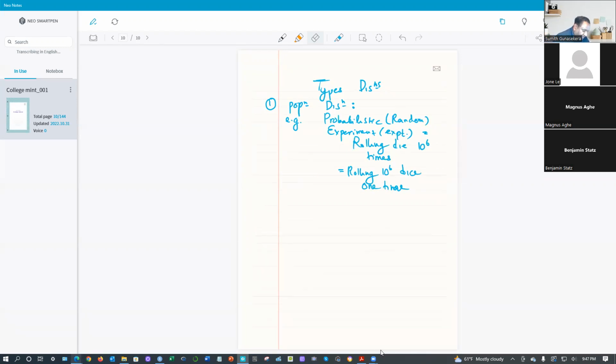Once you do that, when you draw the histogram, what do you get? You have a 1 here, 2 here, 3 here, 4 here, 5 here, 6 here. I'm going to call this one the giant sample, because that's the name they have given here.